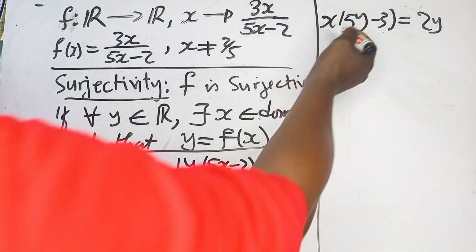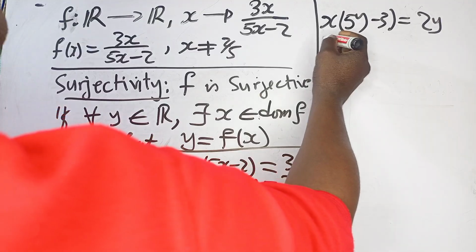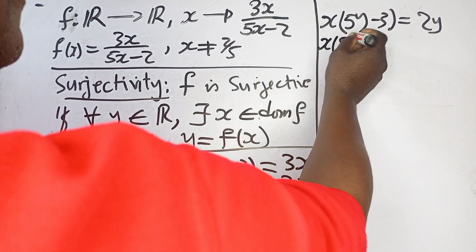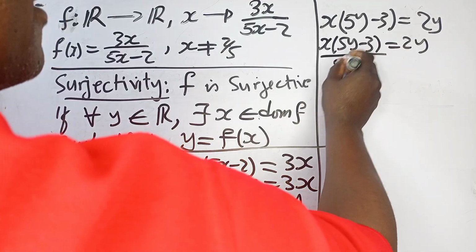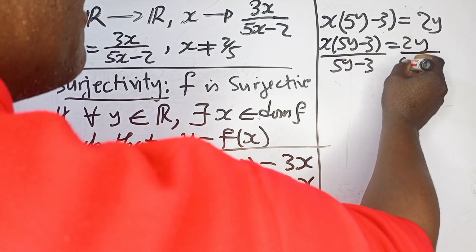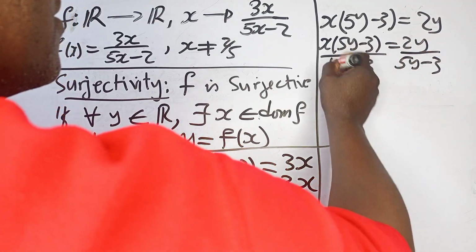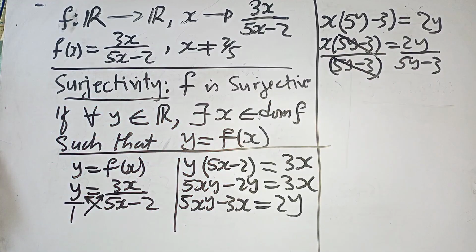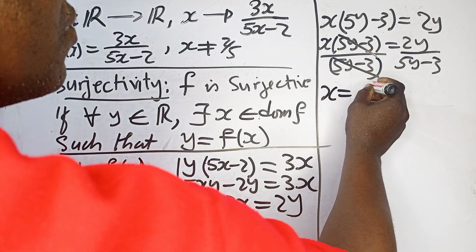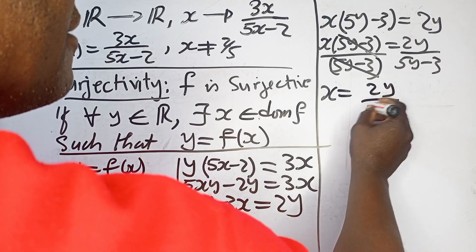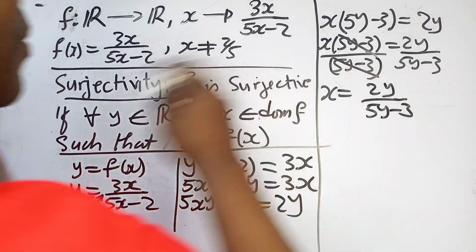Now, divide both sides by 5y minus 3. This cancels off. So we now have an expression for x. X is equal to 2y all over 5y minus 3.